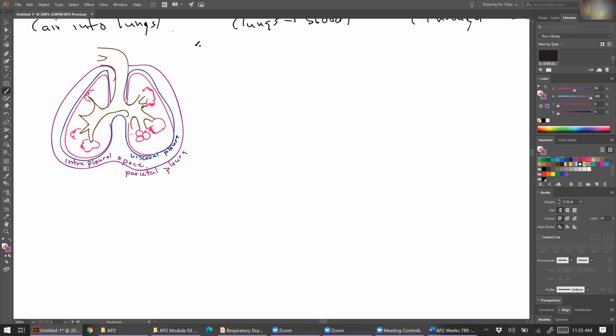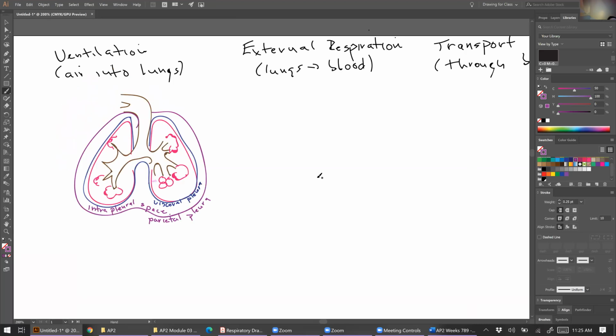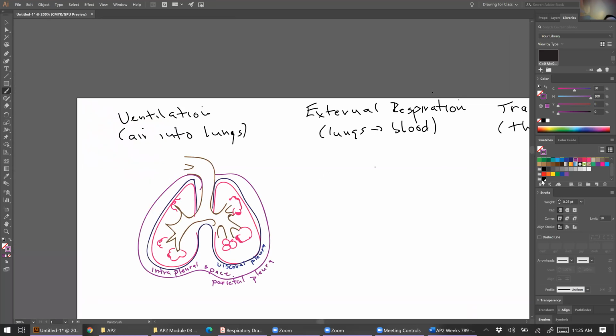So I jumped right into that, but I should probably lay this out too. One of the first things we need to talk about is pressures. There are 3, maybe 4 pressures, depending on how you break it up. And then over here, we'll talk about something called Boyle's law.